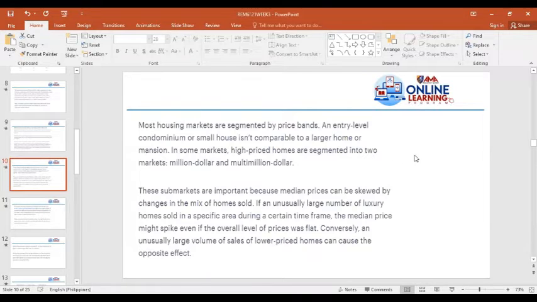Most housing markets are segmented by price bands. An entry-level condominium or a small house isn't comparable to a larger home or a mansion. In some markets, high-priced homes are segmented into two markets: millions of dollars and multi-million dollars.